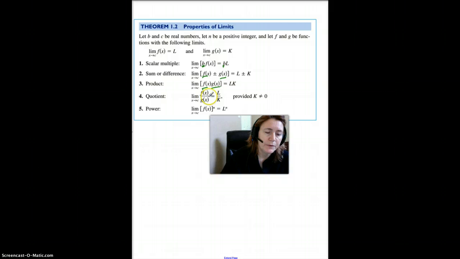The quotient rule, very similar to the product rule, says that as long as g of c is not 0, the limit of the quotient is the quotient of the limits. And the power rule says that the limit as x approaches c of f of x to the n is equal to that limit to the nth power.